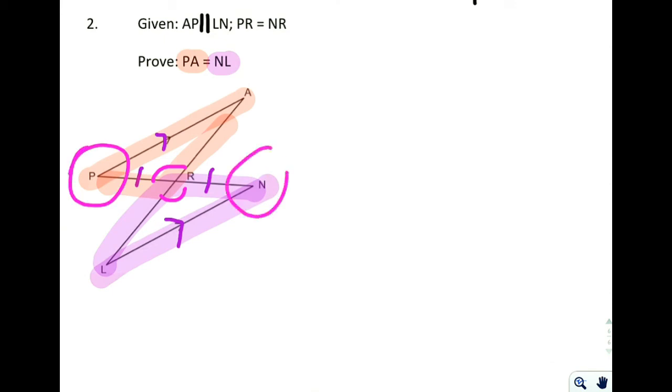If I could get these corner angles down here, then I would have angle, side, angle. Since I'm given that these are parallel, I believe I can get these corner angles by alternate interior angles, because these are the parallel lines coming across. This is our transversal. So by alternate interior, I can say that those angles are going to be equal to each other. So that's going to be my plan.